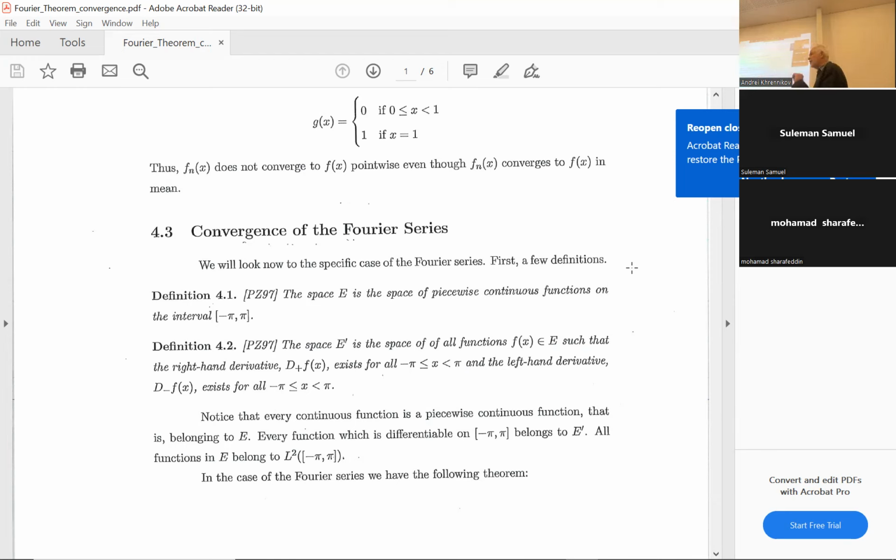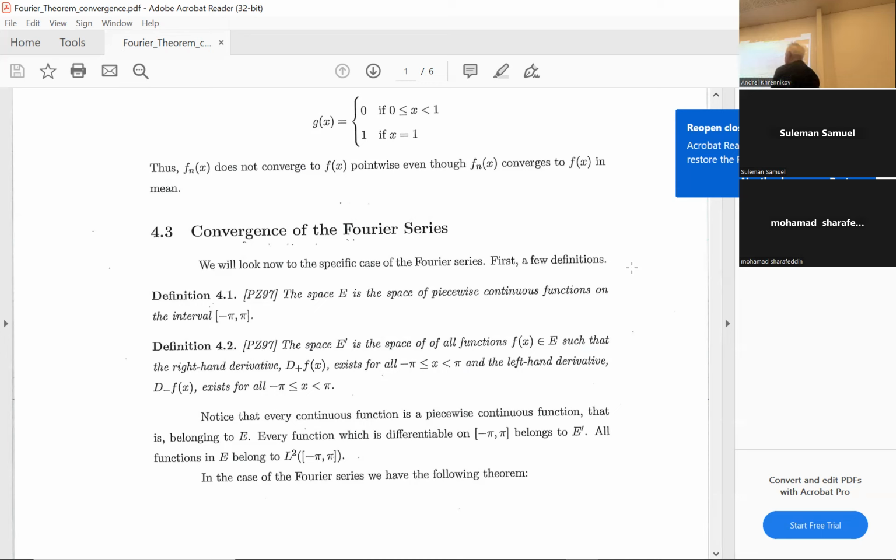Last lecture, we studied how these convergences are related. We know that from convergence here, we don't have convergence here. So before we proved convergence of Fourier series in L2, but it does not imply point-wise convergence.